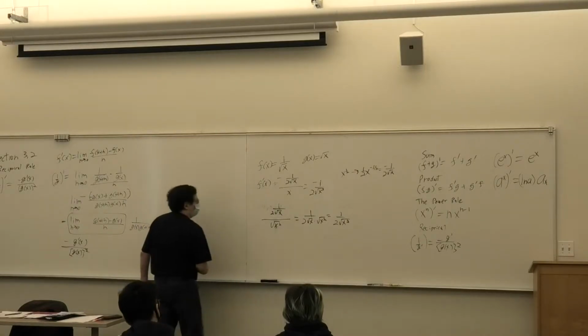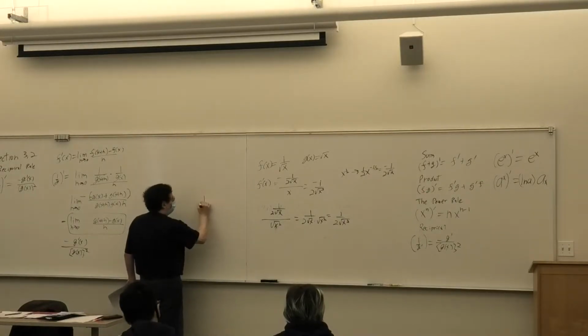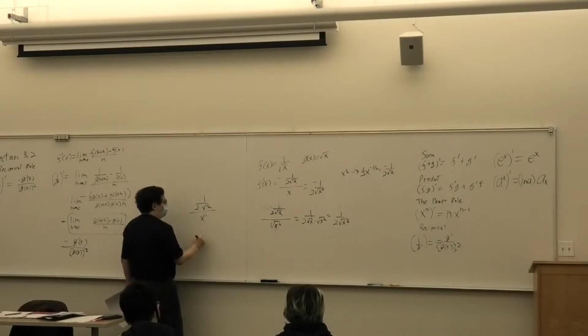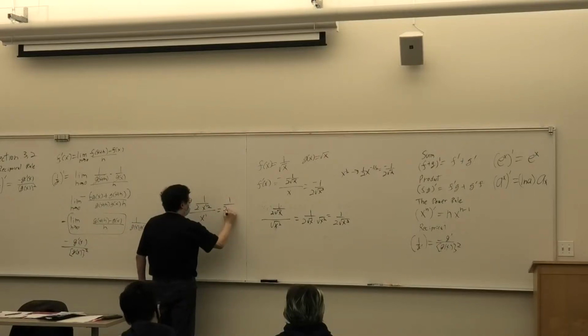The other way to do it would be, this is 1 over 2 times x to the 1/2. x is just x to the 1. So this is 1 over 2 x to the 1/2 plus 1, or 1 over 2 x to the 3/2.